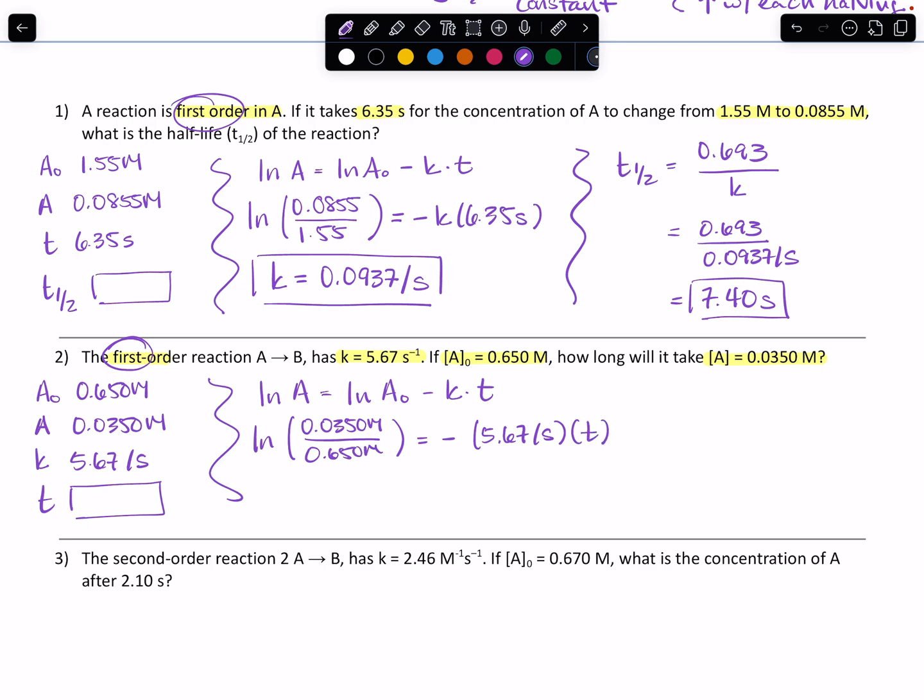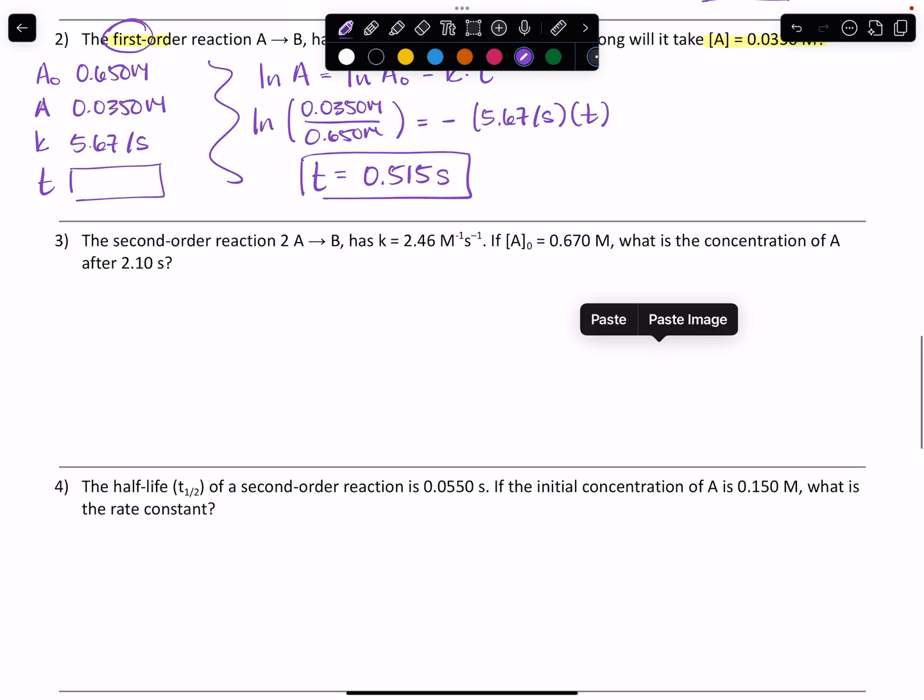So I'll take the natural log of that division, then I'm going to divide that by negative 5.67, and I find that to move from this amount to 0.035 molar is going to take 0.515 seconds. All right, now you might say, well, that's really fast, and it is, but your proportionality constant is not small, which means the reaction is probably running pretty quickly. All right, so that's a reasonable answer.